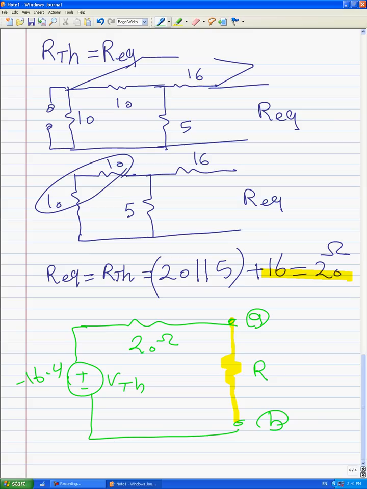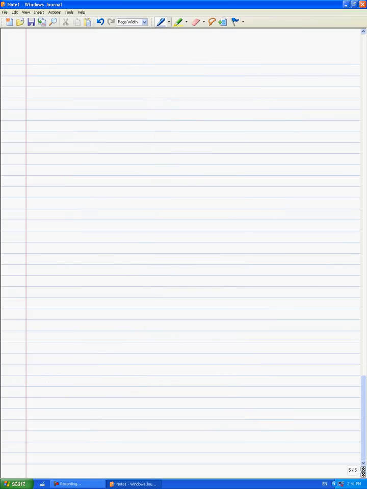And if we want to find, for example, this current, immediately we can use Ohm's law and find it.